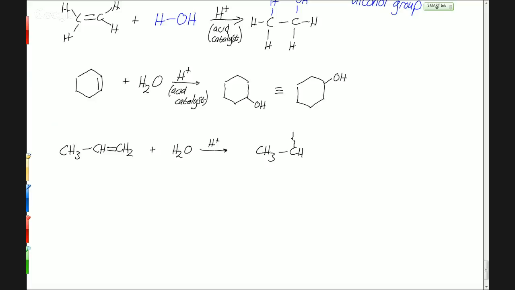We can put one of the hydrogens here and the OH over there, or like that. You see the difference in those two? And those are different molecules, right? Because in one case, the OH is in the middle of the chain, and in the other case, the OH is on the end of the chain. So those are not the same.